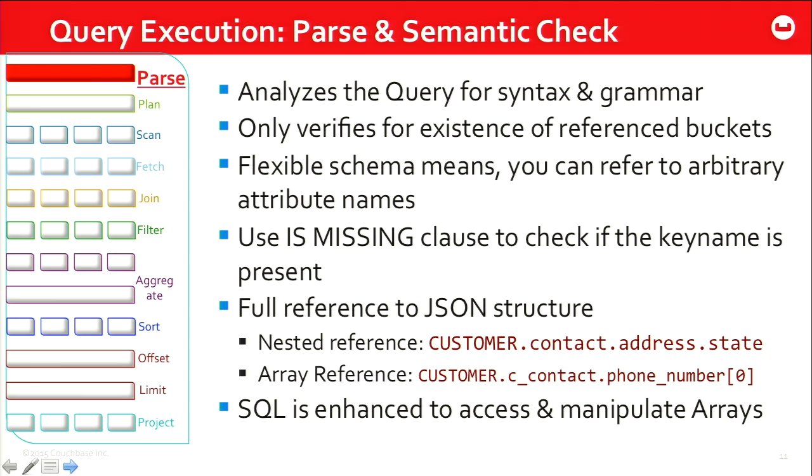So we don't verify the schema on write. When you're reading, if you project something that is not there, we'll project null. If you want to check whether a certain attribute is present or not, you have to use the MISSING clause, which returns true or false.